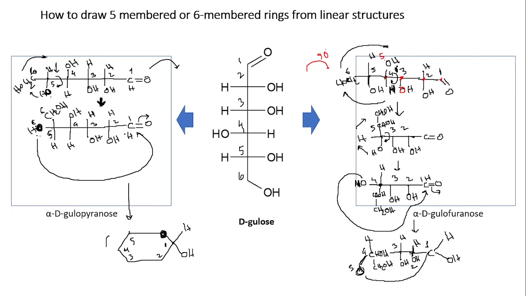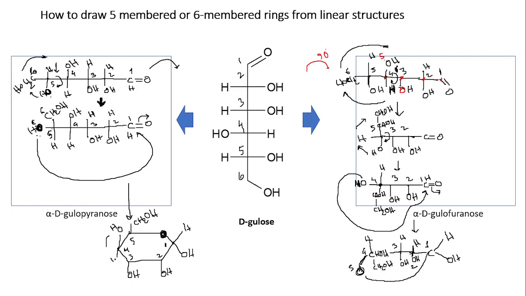This is the H at that position. The position number 2, this is OH here. Position number 3, OH pointing down. Position number 4, OH pointing up. And position number 5, CH2OH pointing up. Okay, so that is how you draw it.